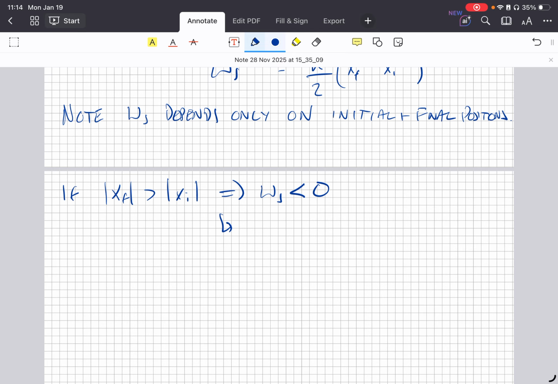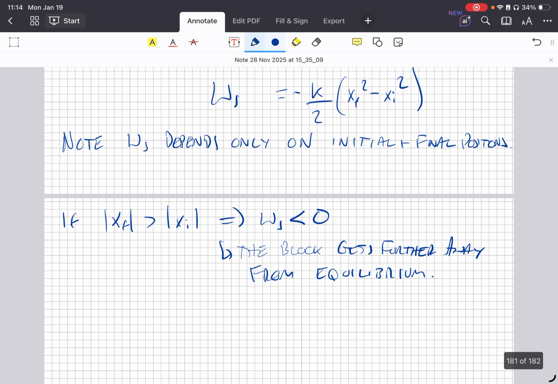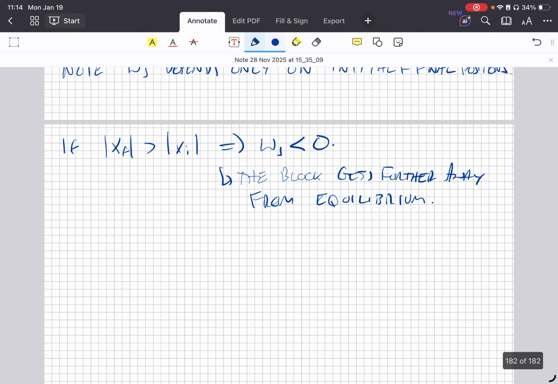And what this means is the block gets further away from equilibrium. And if you think about this, it's a little similar to what we did with gravity. Remember that we said if the work done by gravity is negative, what this means is the change in kinetic energy is negative.